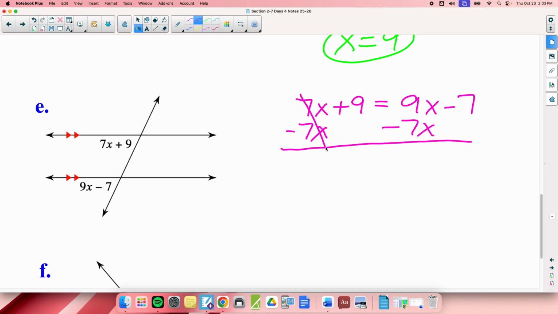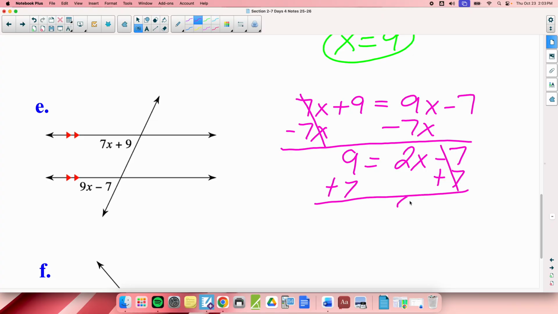Now I would get 9 equals, what's 9x minus 7x? 2x minus 7. Then I'm going to add 7, and I get 2x equals 16. It'd be 8. And x would be 8. Good job.